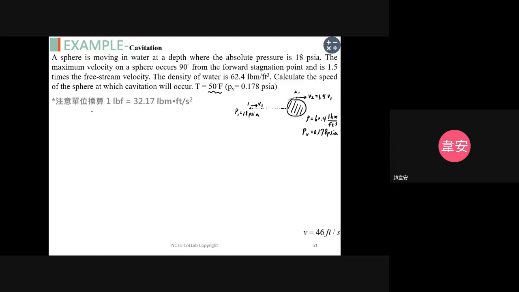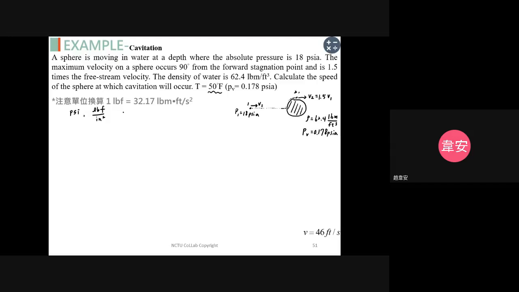First we need to know what the pressure unit PSI means. PSI means pound force divided by inch squared.